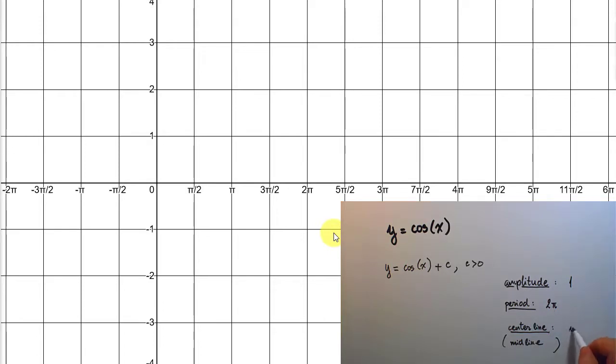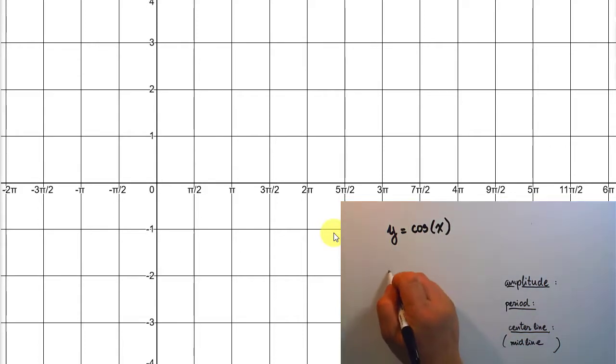The center line is now located at y equals c, that horizontal line y equals c. So another way of understanding this: when we add a positive constant to our cosine wave, it will shift our graph vertically up by c units.